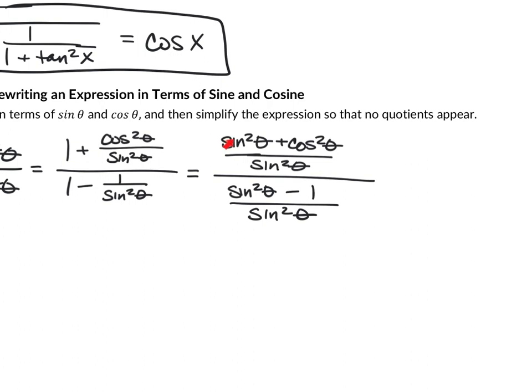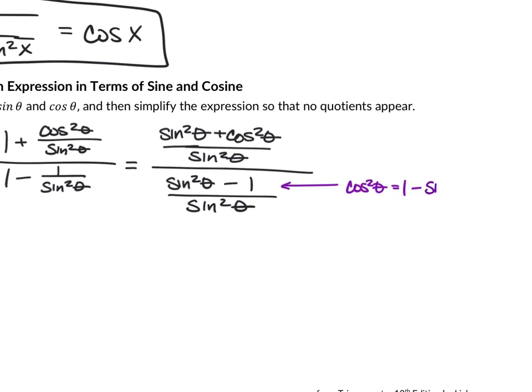Now my spidey senses are looking at the numerator of the numerator here and saying, this is the regular Pythagorean identity, where that would be equal to 1. But my spidey senses are saying this is really close to the Pythagorean identity in the alternate form. We have written down that cosine squared of theta would be equal to 1 minus sine squared of theta.